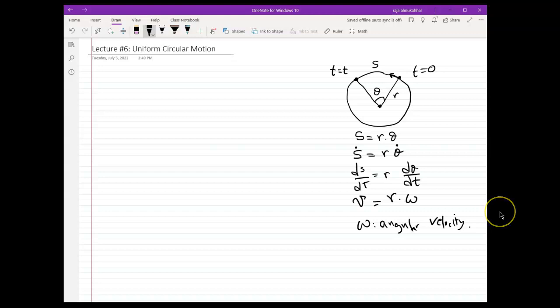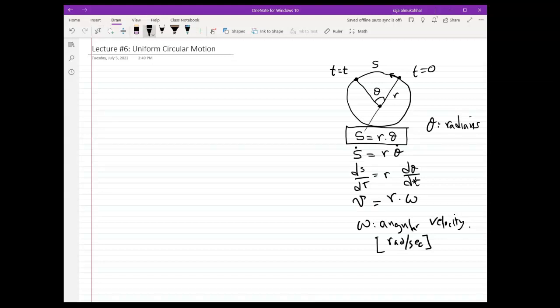I forgot to mention that, keep in mind, when you use this relationship, an important condition is that theta must be in radians, right? So the unit of the angular velocity, d theta dt, would be radians per second, right? That's the unit of it, okay?